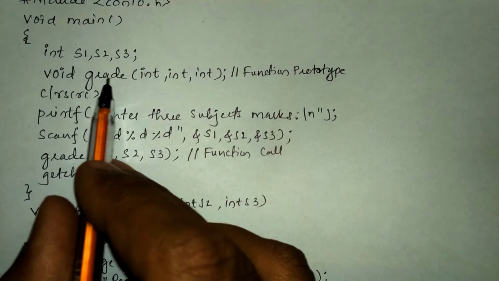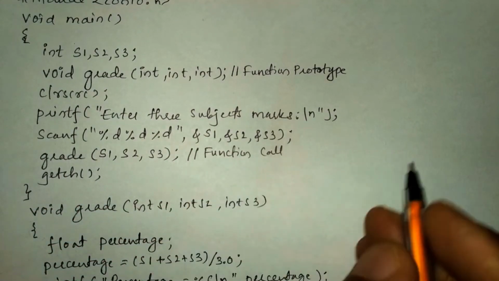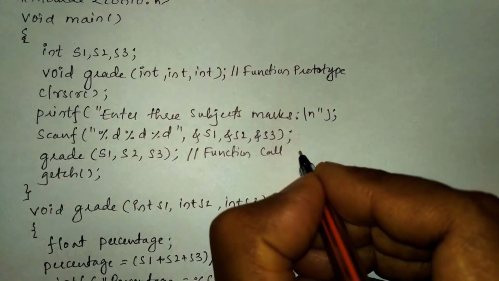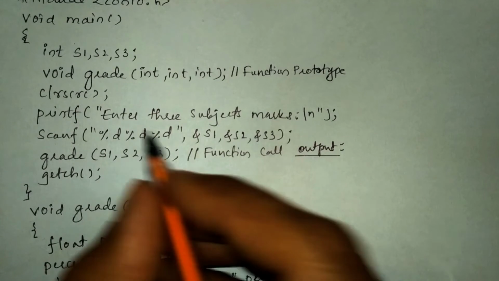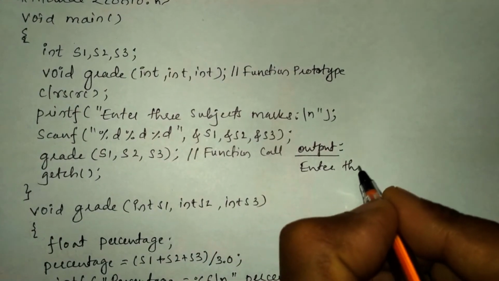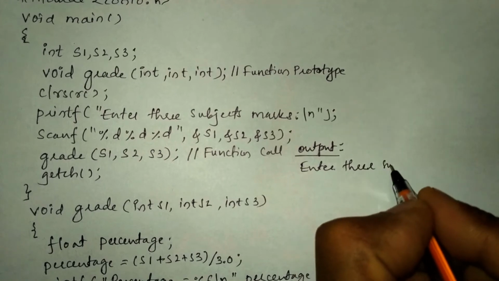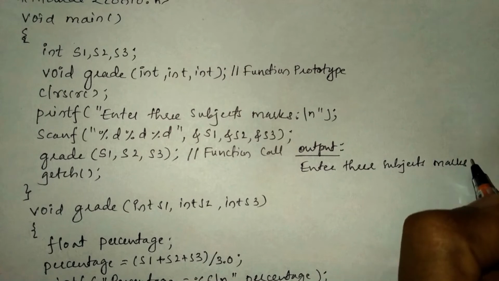So here there is a function prototype. Next it is going to ask the user to enter 3 subject marks. So how exactly the output looks is, I'll write here output. It is going to display enter 3 subjects marks colon.